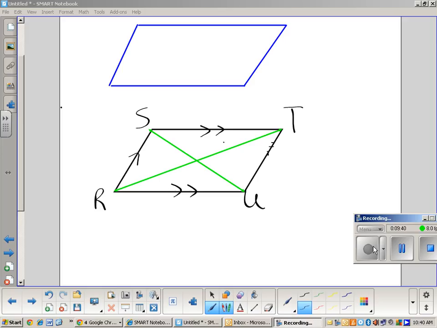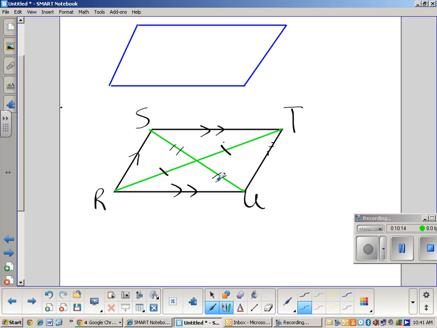When I use the word bisect, what does that mean? Cuts it in half. So if I concentrate on this diagonal right here, that means this section is congruent to this section. They bisect each other.